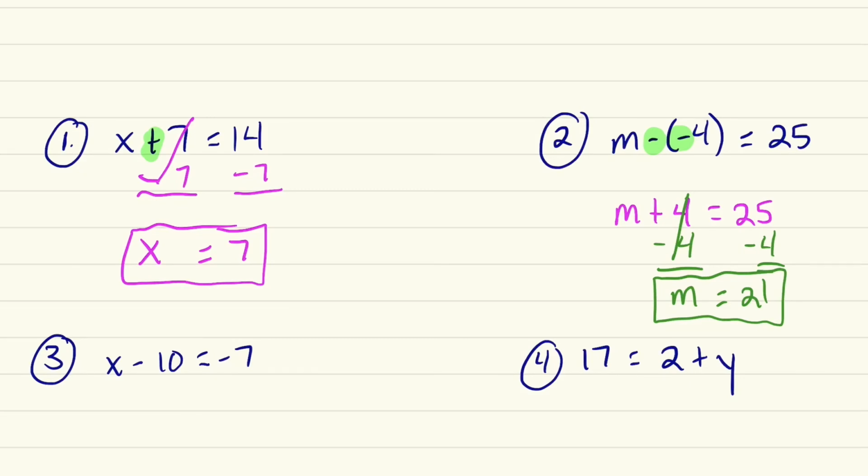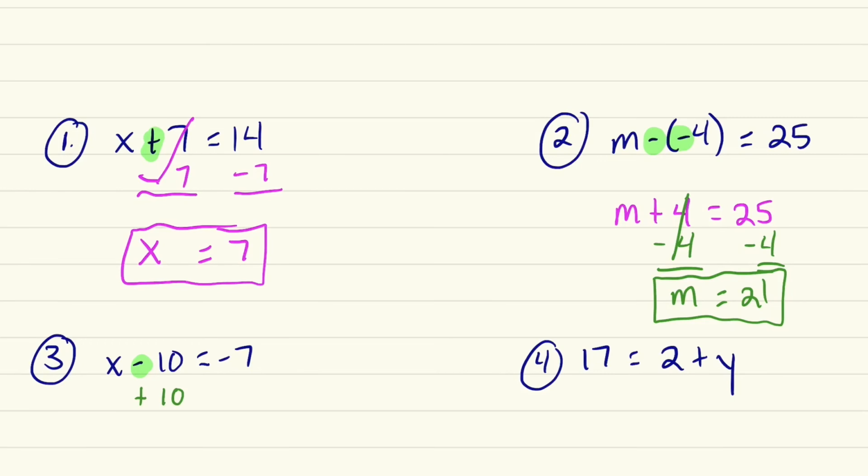On to problem number 3. I have x minus 10 equals negative 7. A lot of people might look at this and think that this problem is crazy different because of the negative 7. Absolutely not. Don't worry about it. Again, we're taking whatever the problem gives us. I see that I have x minus 10. I'll highlight that. We've got minus 10, so all we have to do is come in and do the opposite.